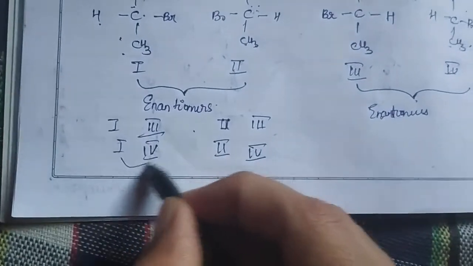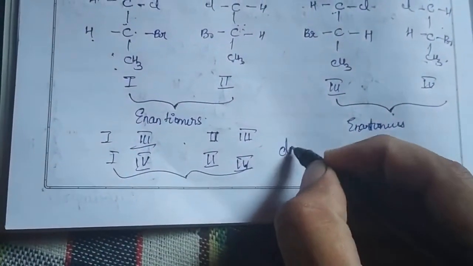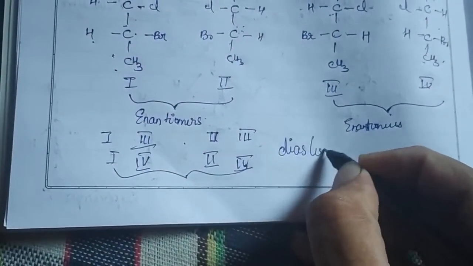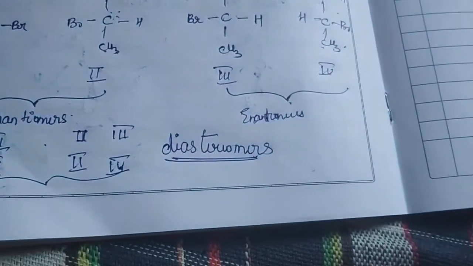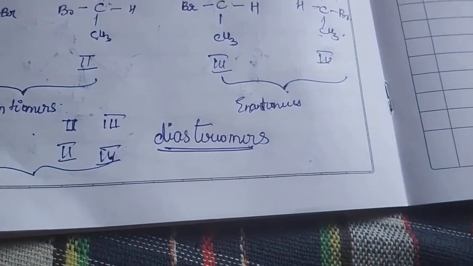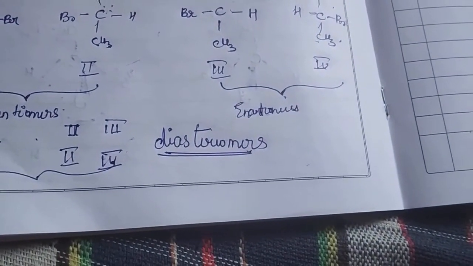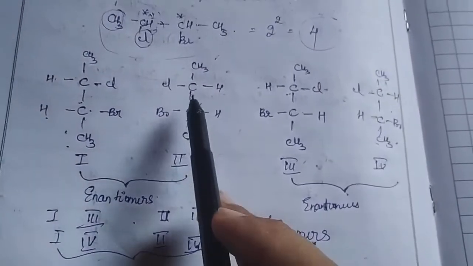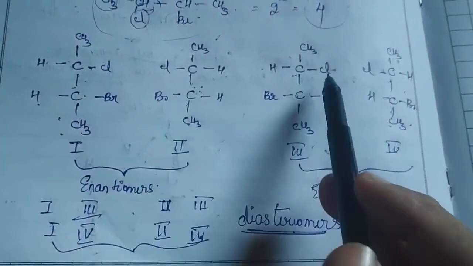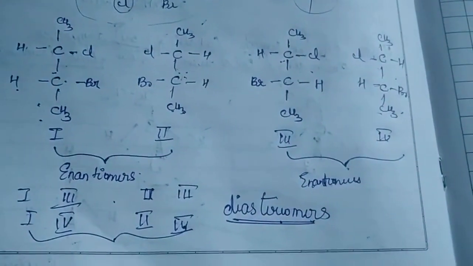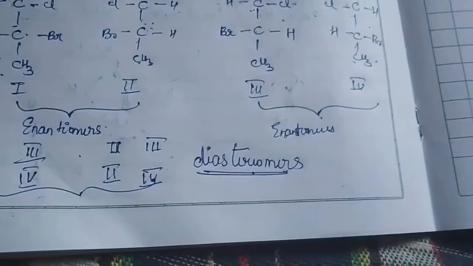Remember, these 4 possibilities are called diastereomers. What do we say for this? Diastereomers. Then how can you define diastereomers? They are sets of isomers. Diastereomers are the sets of isomers which are not the mirror images of each other.